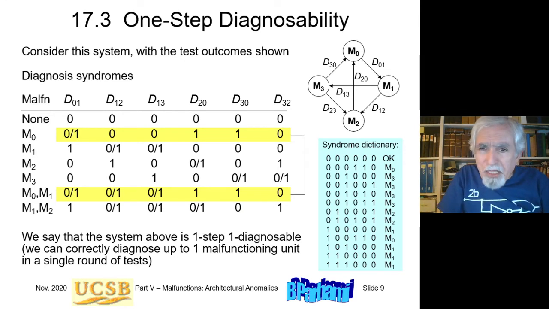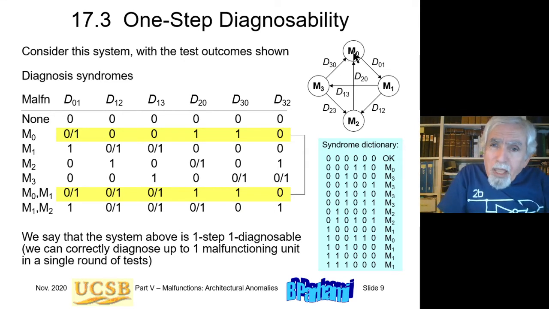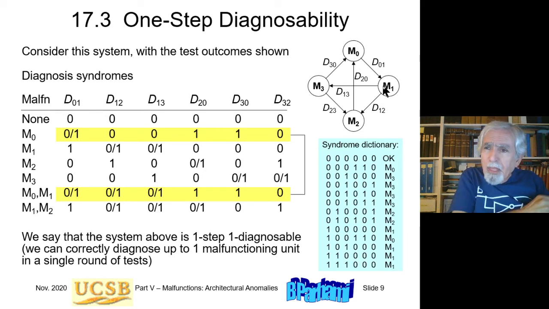Okay, I forgot to mention one thing. When a healthy module tests another module, we assume that the outcome is trustworthy. In other words, if we know that M0 is a good module, is a healthy module, and M0 says that M1 is not good, is malfunctioning, then M1 is actually malfunctioning.